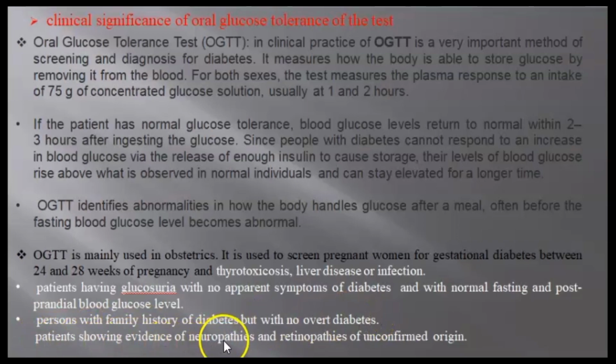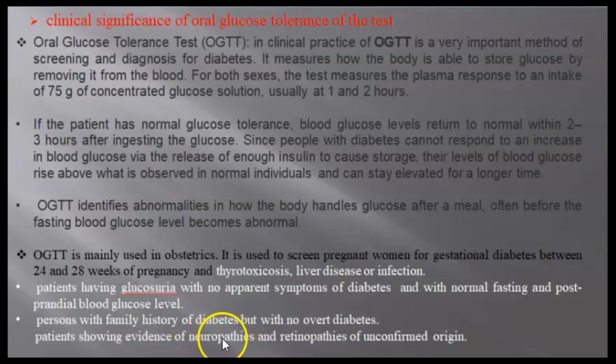Patients showing evidence of neuropathies. This is the case of numbness of the feet or of the hands, or where the leg or the hands no longer feel as if they are alive anymore.